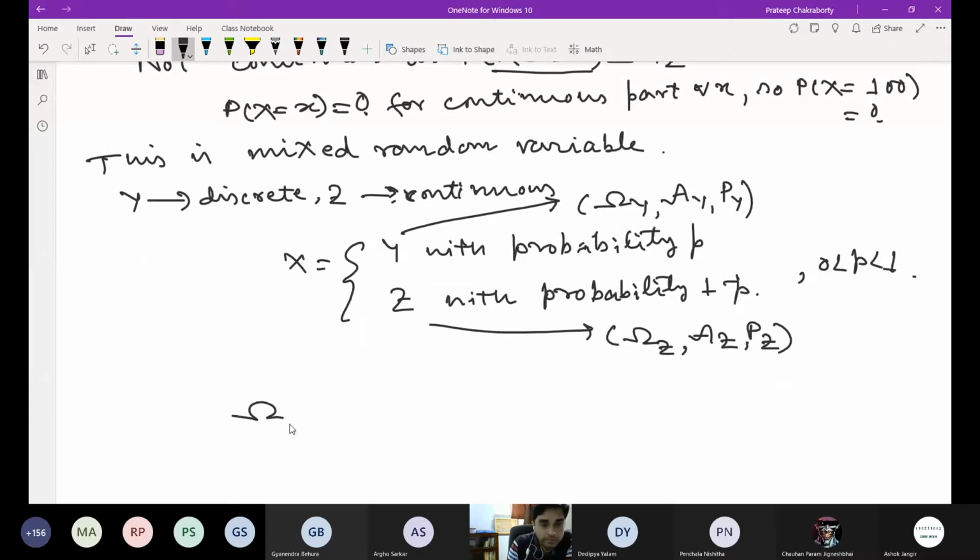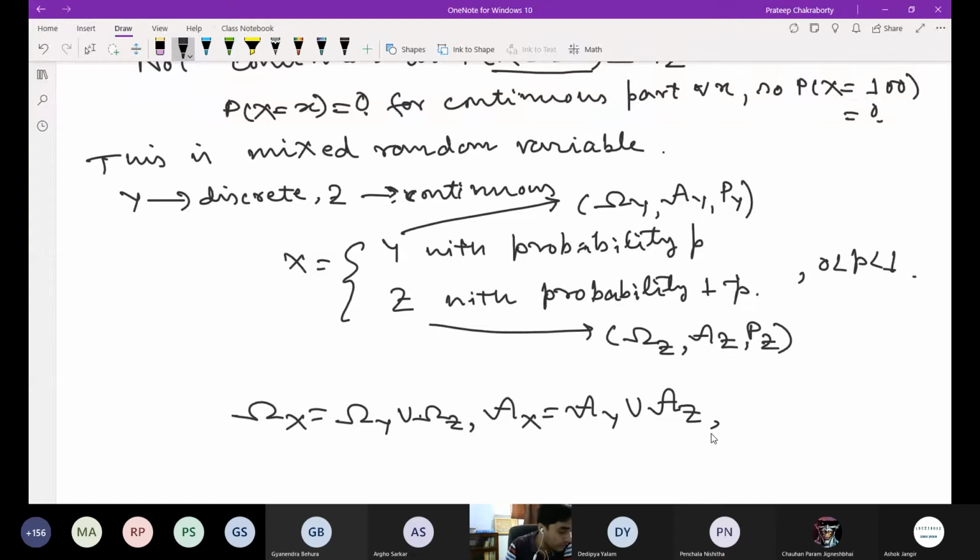Now we define the sample space of X to be the sample space of Y union the sample space of Z, and similarly the events of X to be the events of Y union the events of Z. You can prove that this is a sigma algebra.